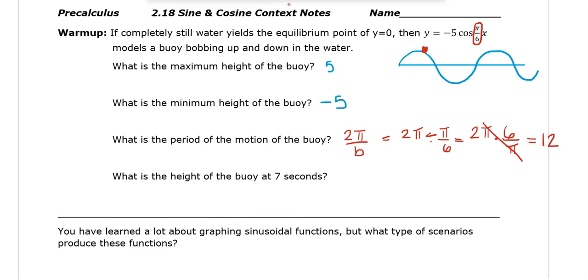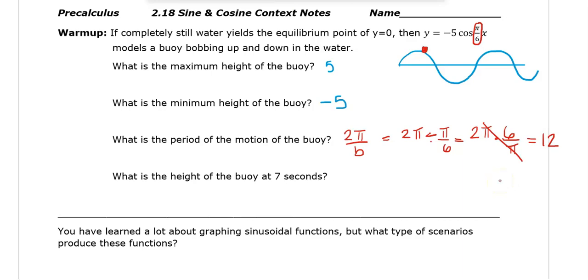And then what is the height of the buoy at 7 seconds? Because this is missing some information, we're assuming that time is in seconds here. So the height at 7 seconds would be when I set my equation equal to it.